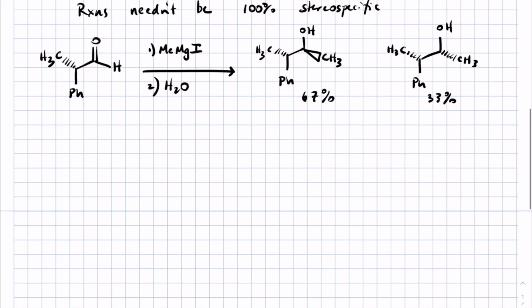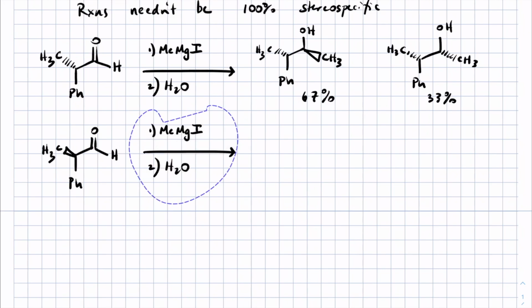And the interesting thing is, if you switch the enantiomers, switch stereochemical configuration, you still have a 2-to-1 ratio of products, it's just in the opposite direction.